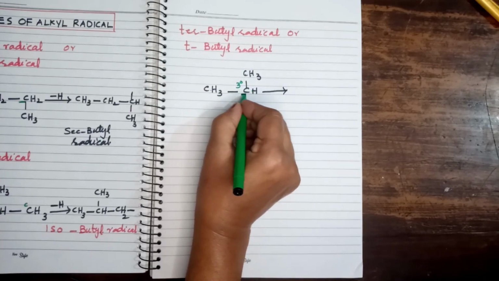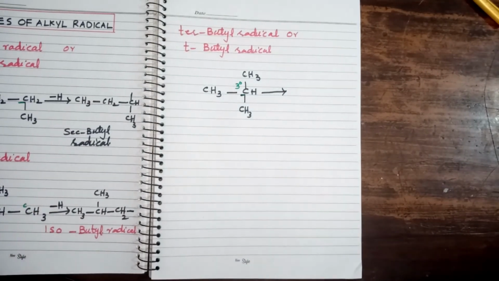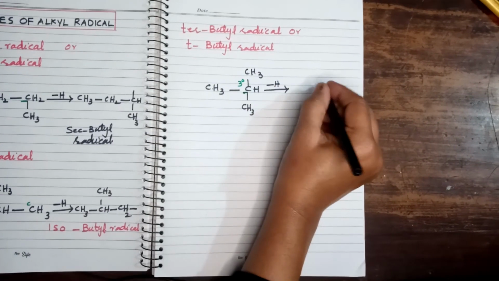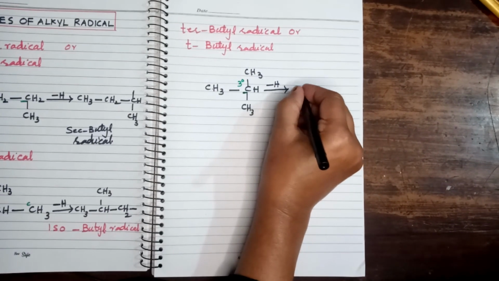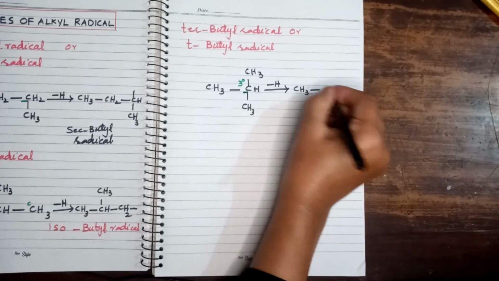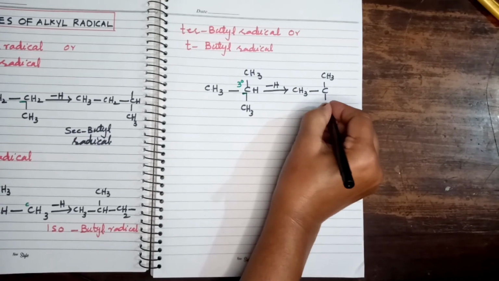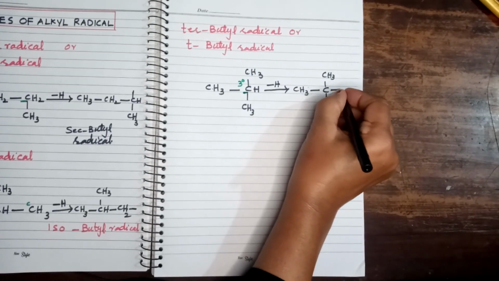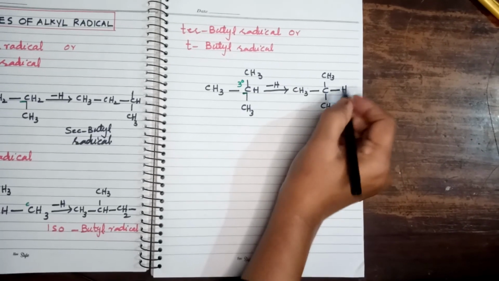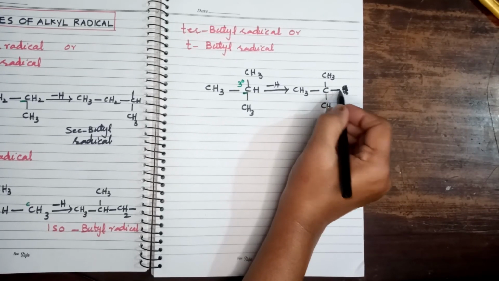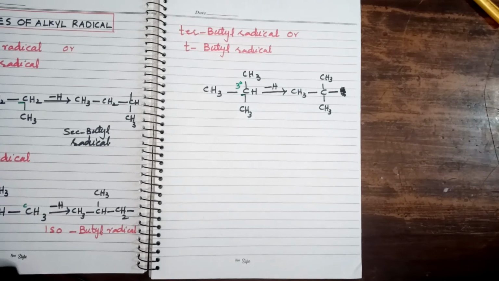So if we remove one hydrogen from the tertiary carbon, after the loss of one hydrogen, we get the structure like this: CH3, C, CH3, CH3. One vacancy of this carbon becomes vacant.